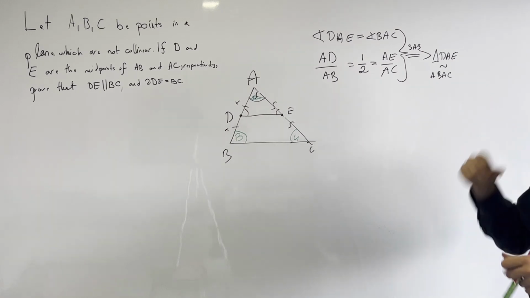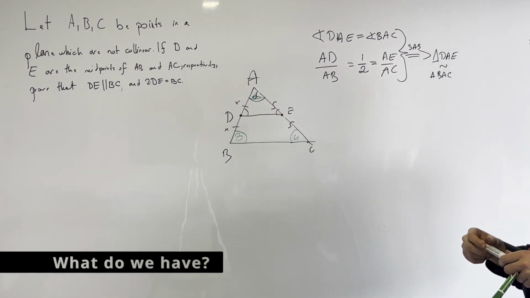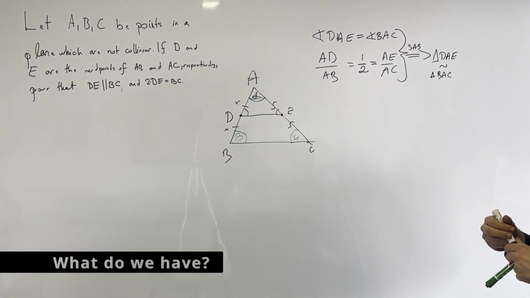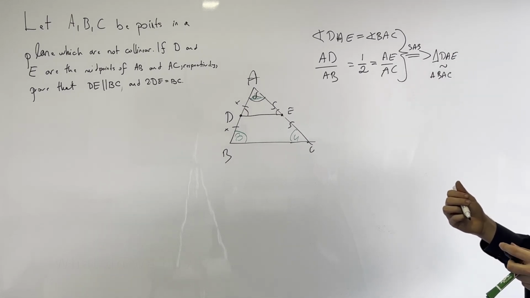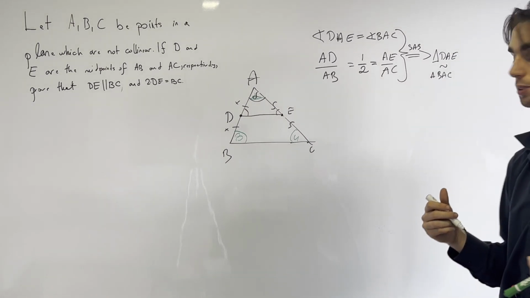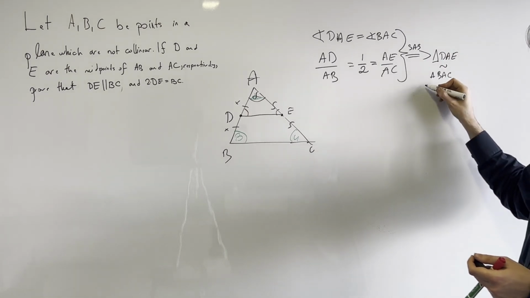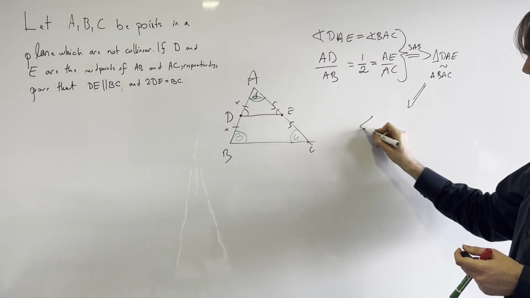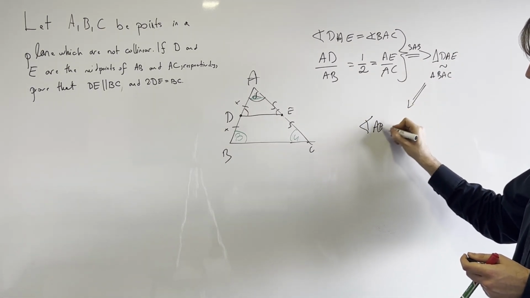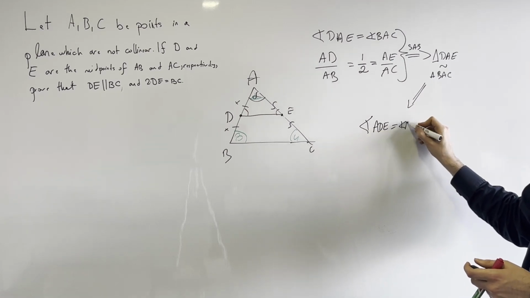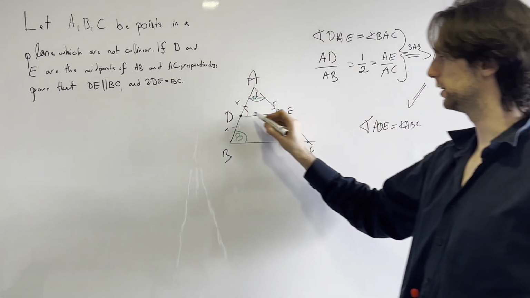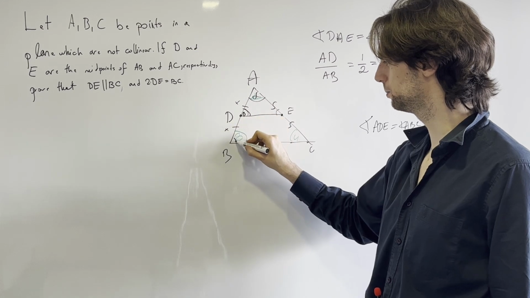And now what do we have from the similarity? Well, from the similarity, we now get that the angle ADE is equal to the angle ABC. So this angle is in fact equal to beta.